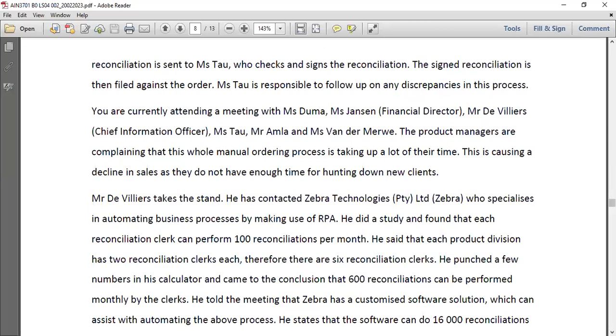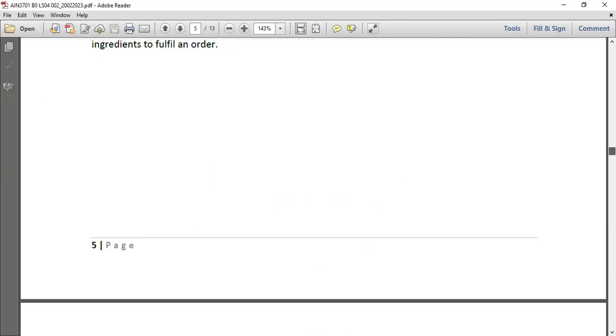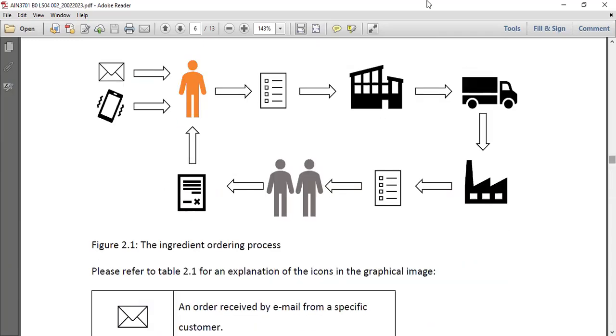Right. So to summarize the process, so that we can understand this diagram. This is Tau receiving the order. Tau completes the requisition. The requisition goes to stores. Stores transport the goods to factory.